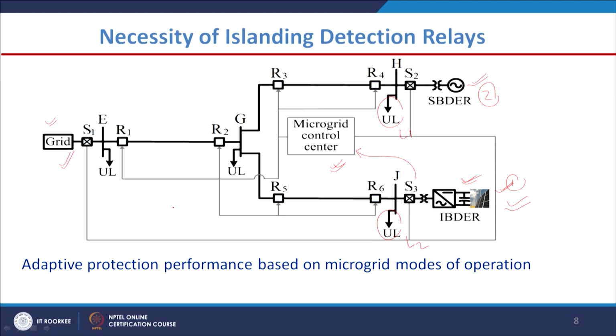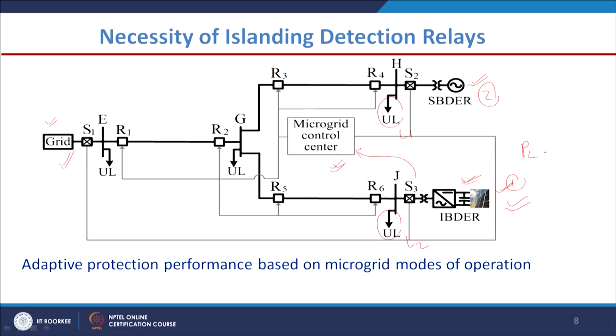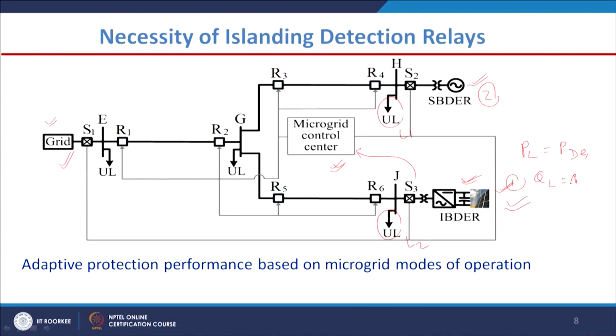It does not mean that during the islanding mode of operation, P load is equal to PDG, not necessary. That particular condition is known as the power mismatch condition, whether QL is equal to QDG or P load is equal to PDG.